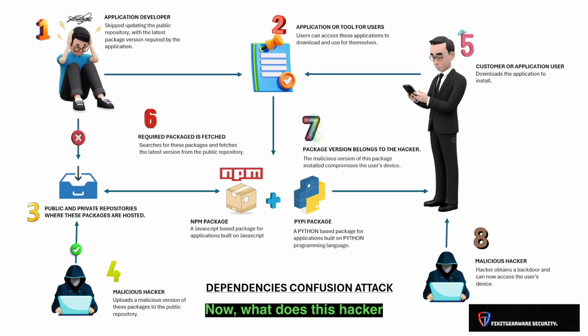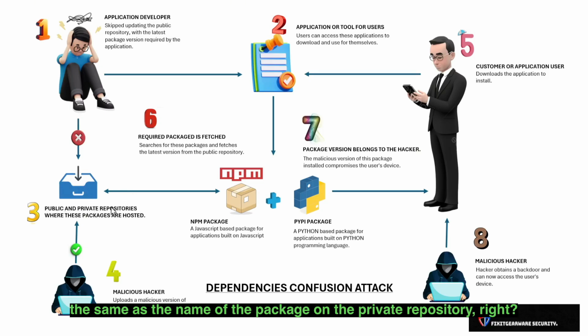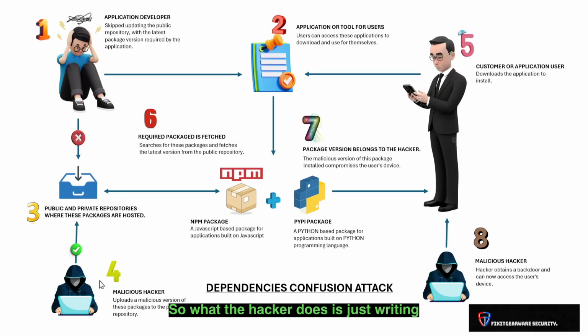Now, what this hacker does is write a package that is a higher version, since the name on the public repository is the same as the name of the package on the private repository, right? So what the hacker does is write a package with the same name but a different version. However, the version that this hacker is publishing via either npm or Python packages has malicious code in it.